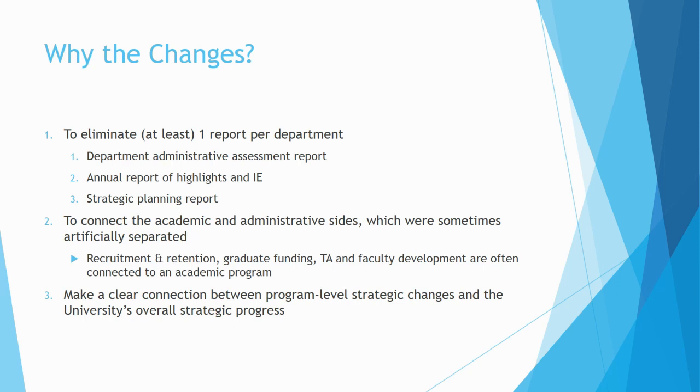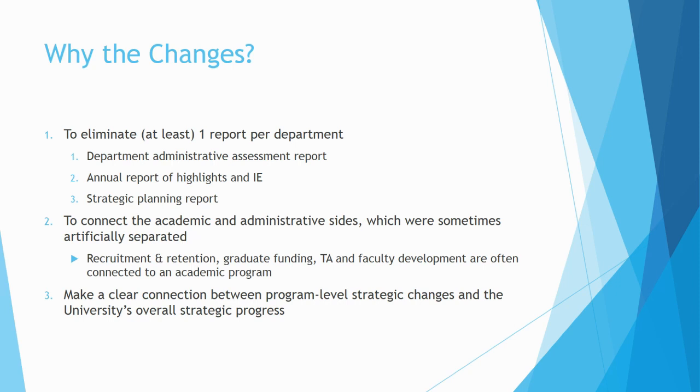And finally, moving from the detailed picture to the big picture, this report allows us to illustrate the connections between program-level strategic objectives and the university's overall strategic plan. The university's strategic plan focuses on academic departments and faculty projects that are often realized in academic programs.